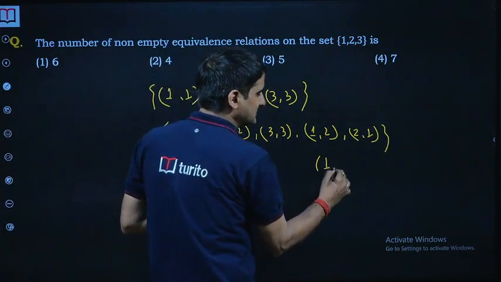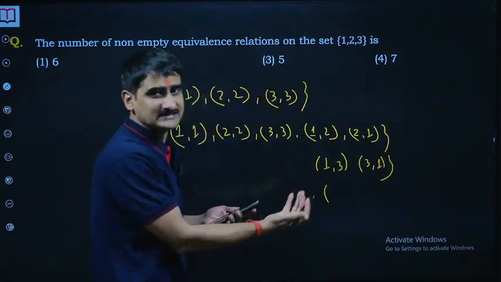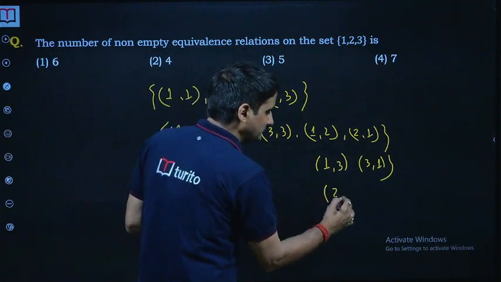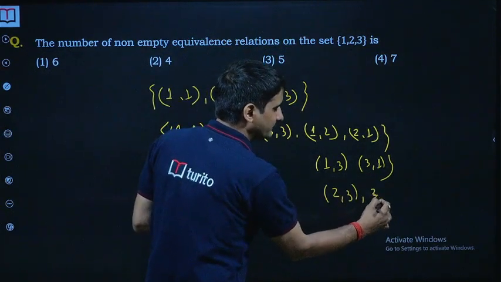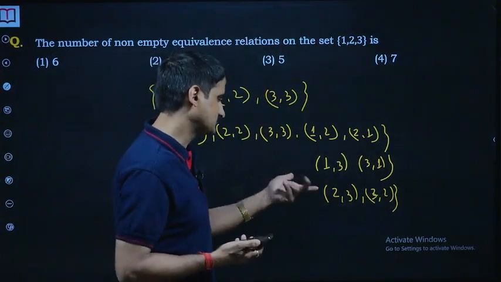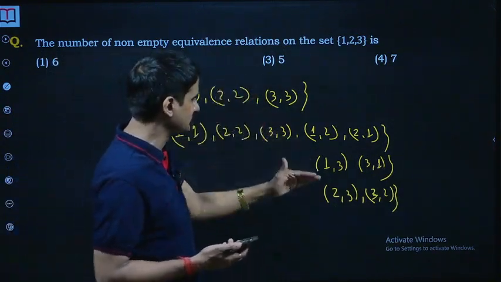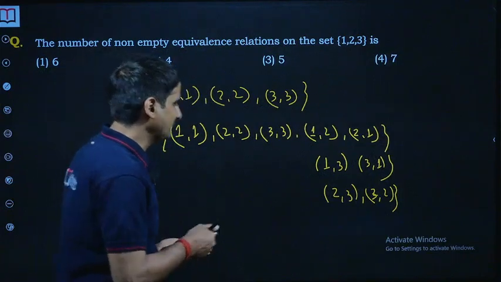Similarly, if this is transitive, so (1,3), (3,1) will be transitive, and hence equivalence. So (2,3), (3,2) should be transitive, I think, and hence equivalence. Okay, because (2,3), (3,3), (2,3), right? So that will again be transitive. So equivalence 1, 2, 3, 4. Now see what else?